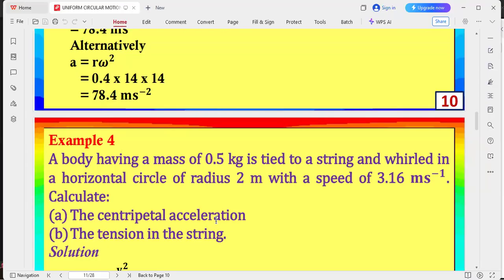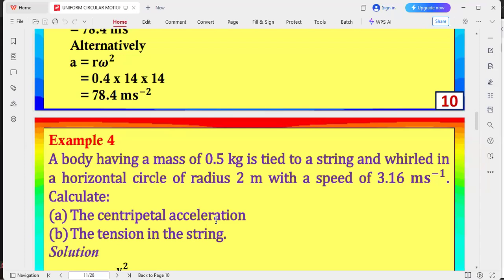Then part B, the tension in the string. The tension in the string is the one that is providing centripetal force. So you say tension T equals centripetal force. It's important you explain that. Then you say F equals mv squared over r, which is now the mass 0.5 times our v 3.16 squared, and our radius is 2 meters.